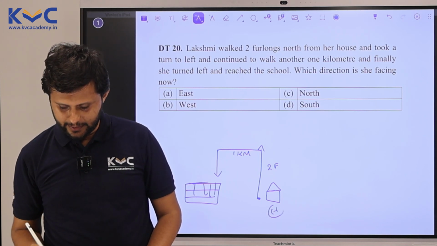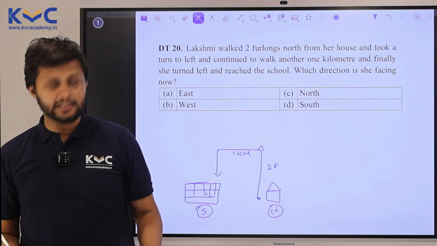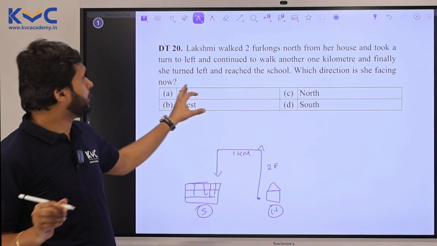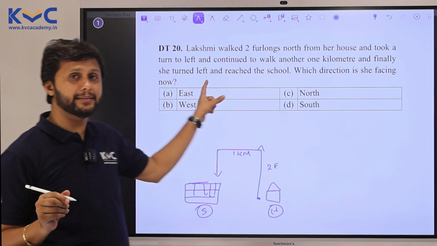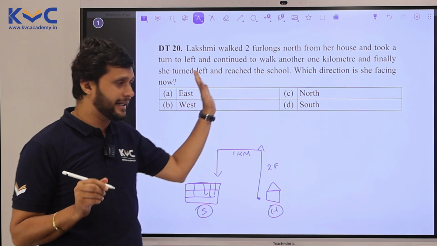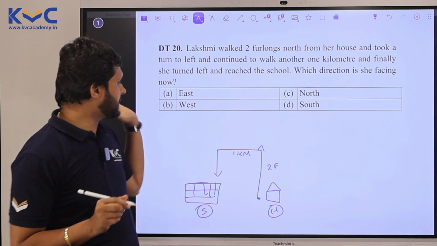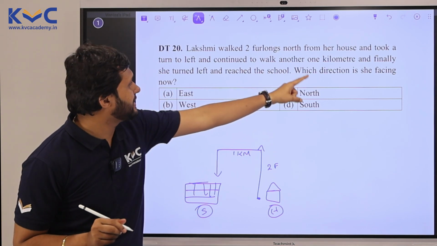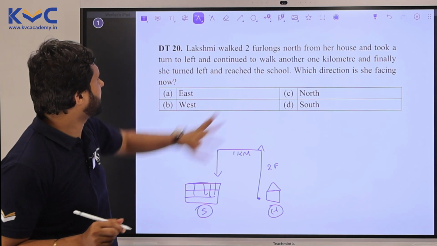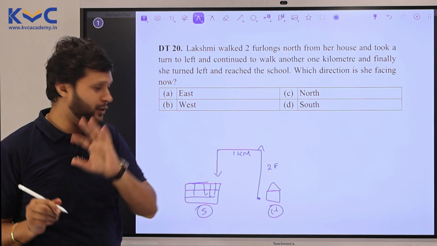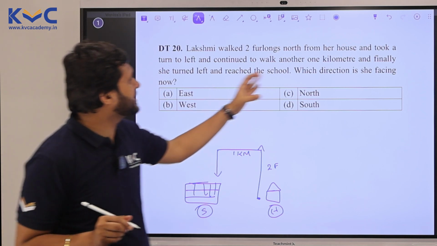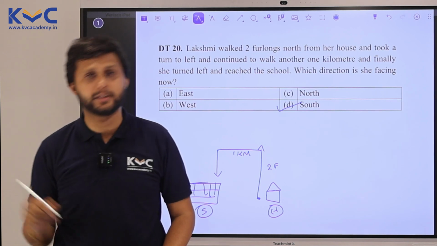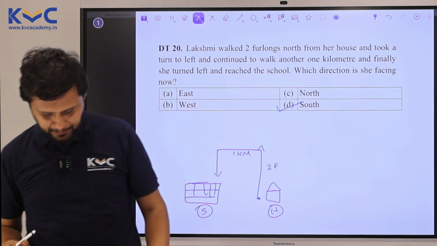Okay, this is her house, this is her school. Which direction is she facing? See, they have not given the distance over here. I did not know because they have not told how much he has walked. That's why they have not given you the angular directions. They have given you on the north, south, east, west, and in that case, definitely it is on the west side. Which direction is she facing now? Oh, okay. They have not asked from which side is the school. They are asking you which direction is she facing now. Okay, so she is facing downwards, and that is south. South is the right answer.